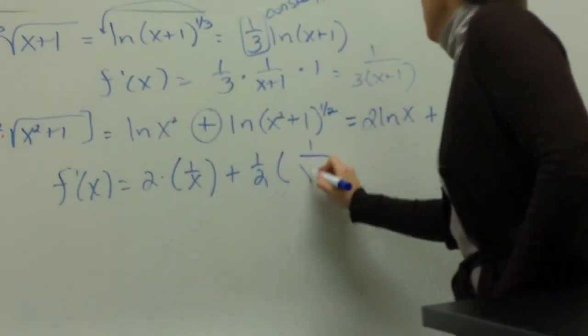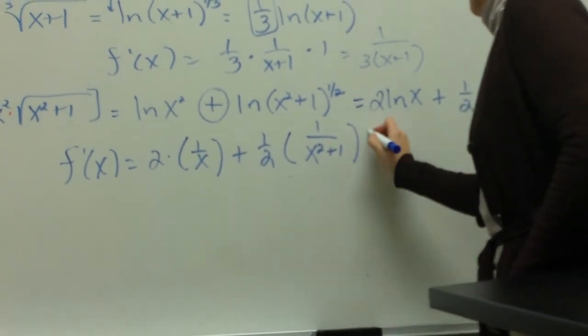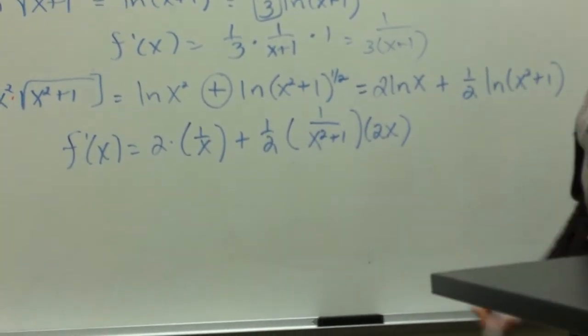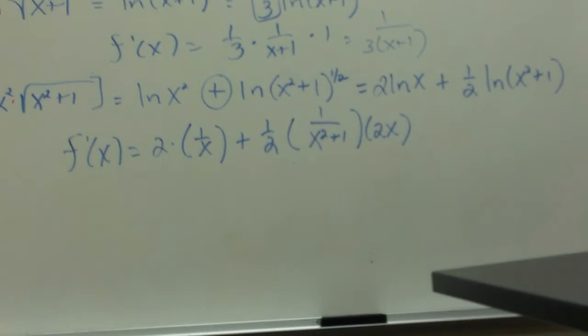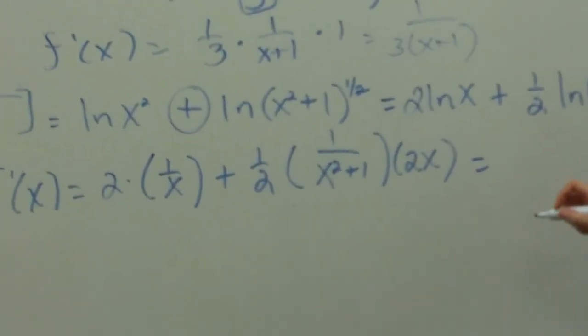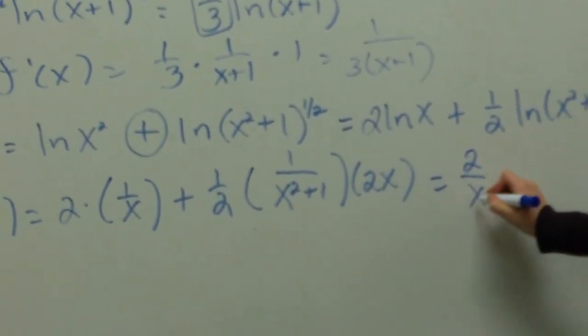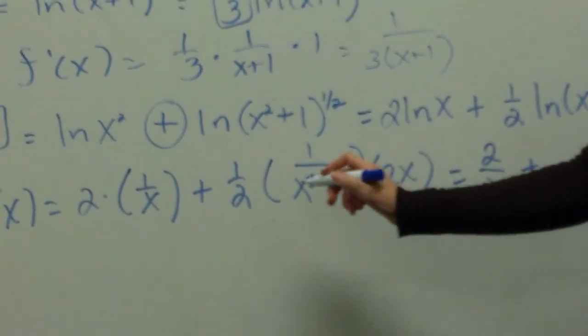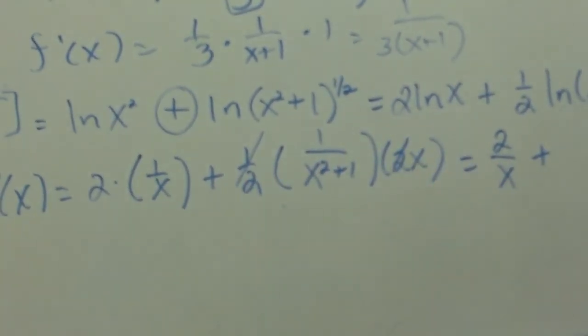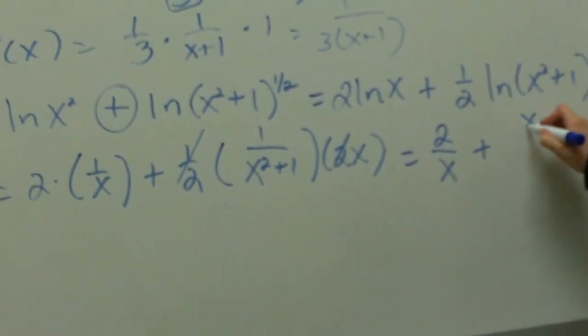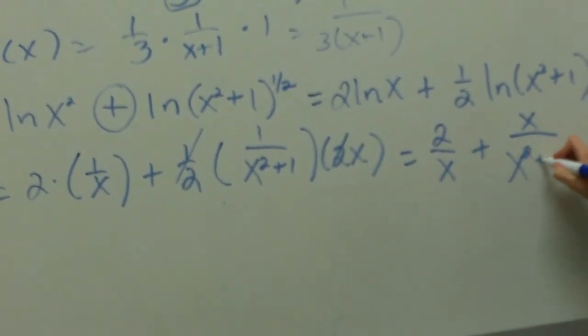So 1 over x squared plus 1 times 2x. And simplifying a little bit, I can put it as 2 over x plus my 1/2 and my 2 can divide each other out, x over x squared plus 1.